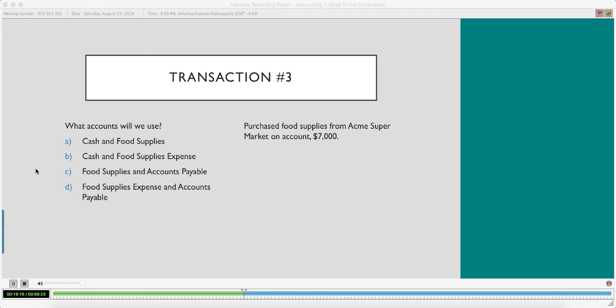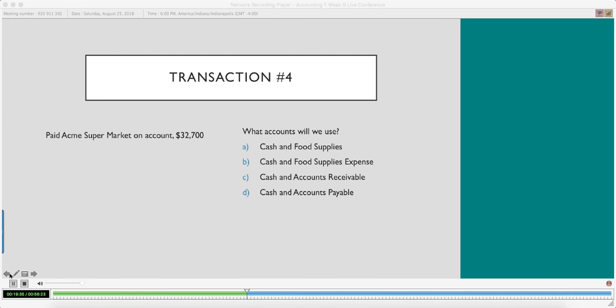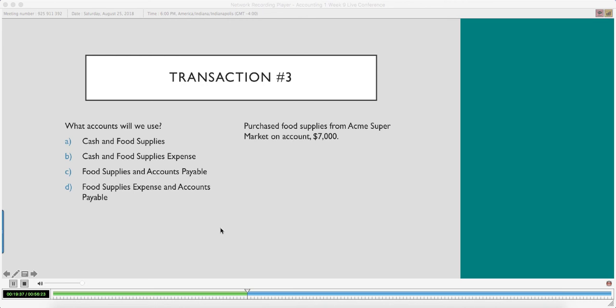Responses on this conference have been hit and miss on this question. So we have one student that hasn't started. Oops, let me go backwards. So we purchased food supplies on account from Acme Market for $7,000.